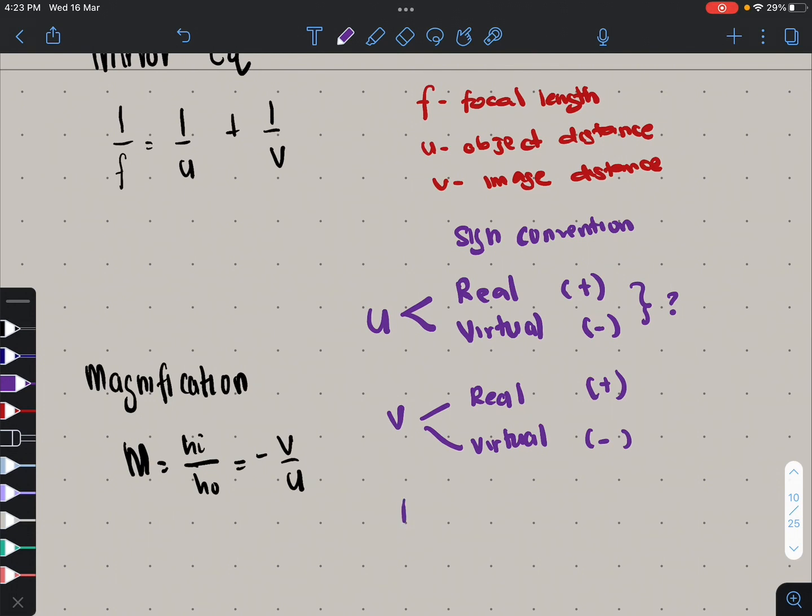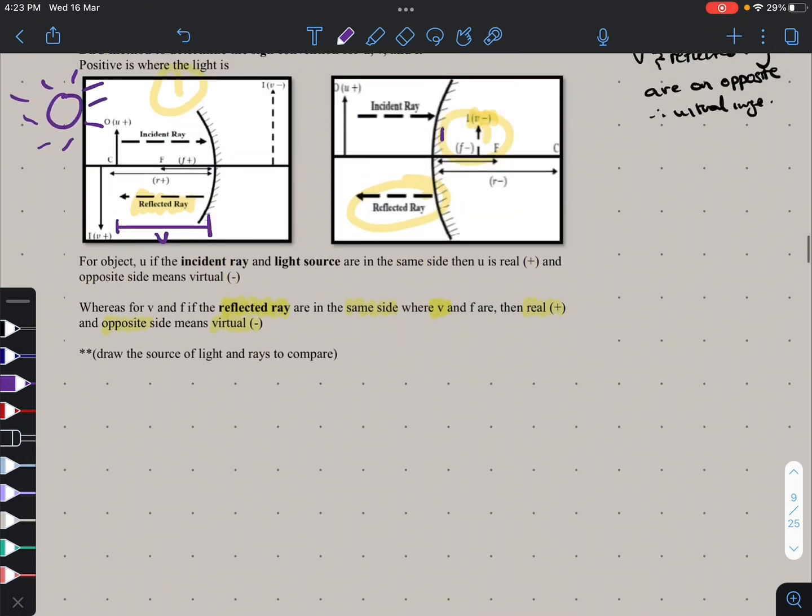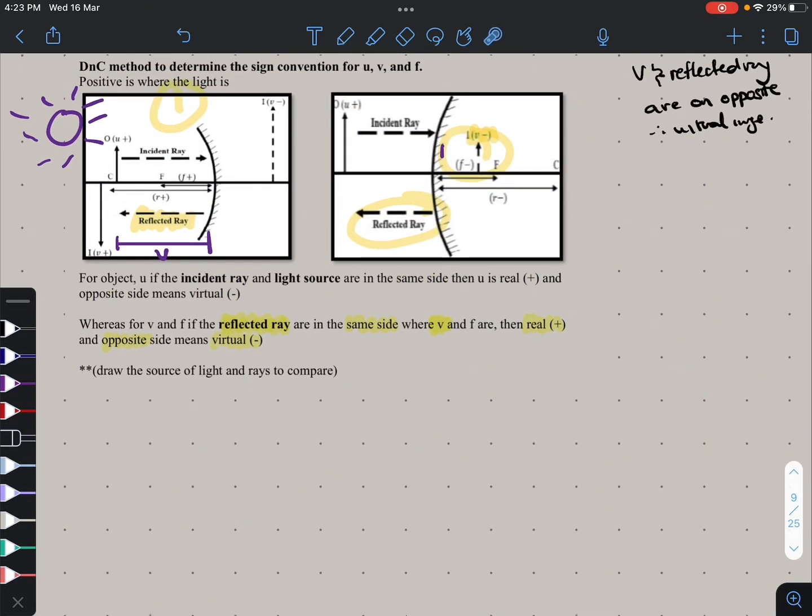And then finally, F dekat sini, focal length kamu pun can be either real ataupun virtual. Tetapi selalunya kita tak guna term real atau virtual, kita guna term converging ataupun diverging. Okey, macam mana kita nak tengok converging ataupun diverging adalah kita akan tengok pada kedudukan focal point itu. Converging is always positive, diverging is always negative. Okey, so your focus point for concave mirror is always in front of the mirror, and for your convex mirror is always behind the mirror.